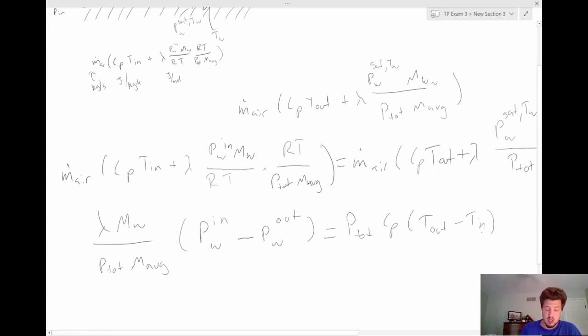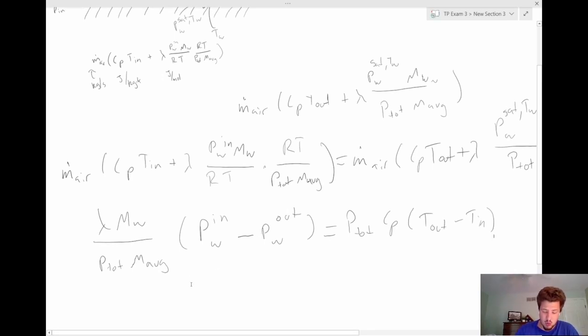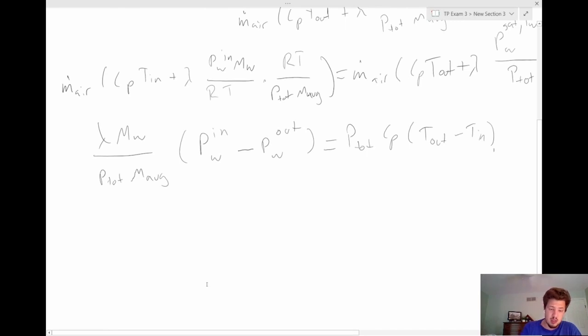And if we look at this, this is similar to the Lewis relationship, that is lambda times the partial pressure of water at the surface minus the partial pressure of water away from the surface, which is equal to the total pressure, which is similar to rho, times the heat capacity times the change in temperature away from the surface minus the temperature at the surface.